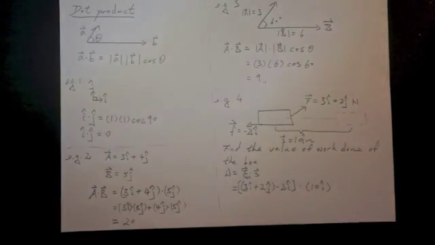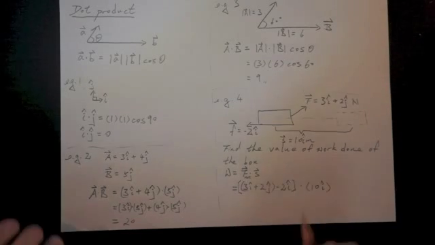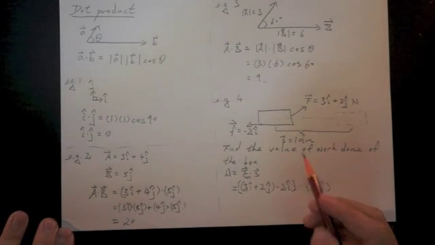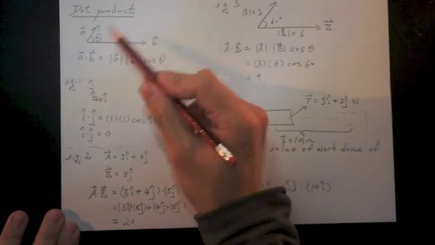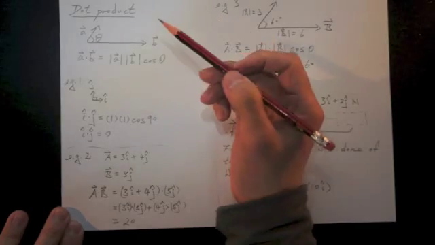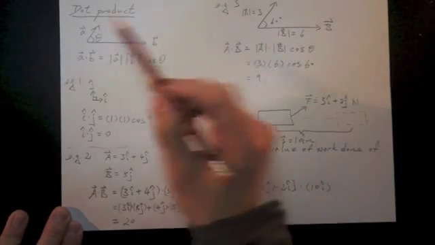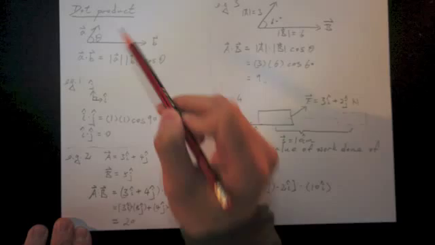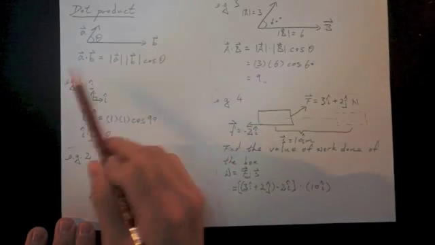Now, we would like to talk about some products of vectors. We call it the dot product. By definition, the dot product can be represented as that.